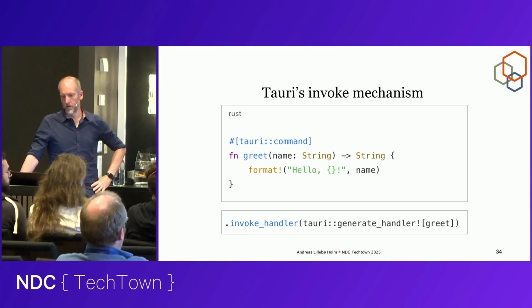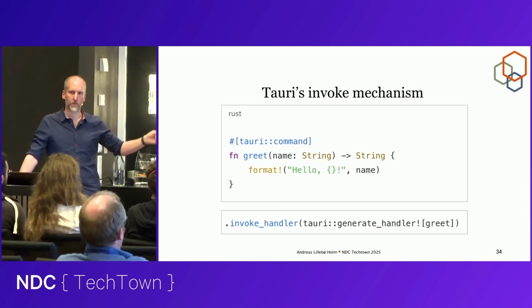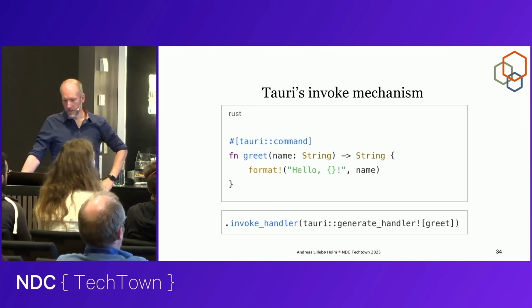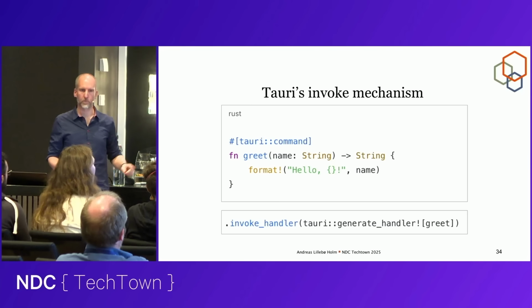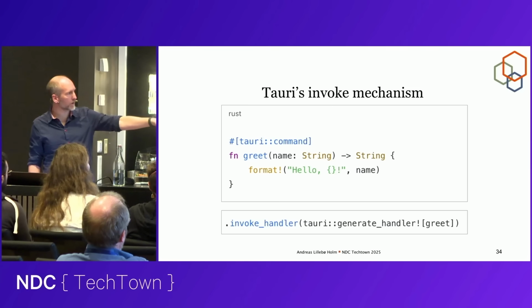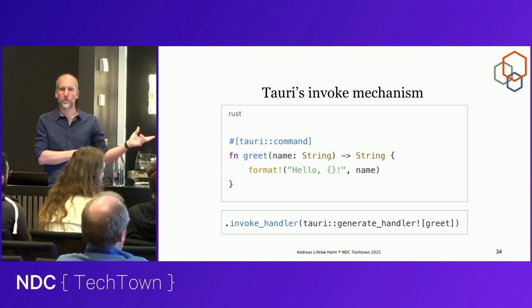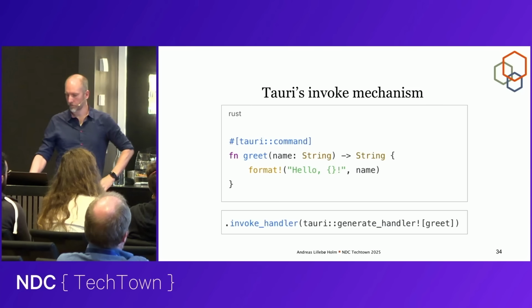It takes a string, does something with that, and returns it with the format! macro. In addition, you have to map this into the invoke handler as well. So you have to put it into the API when you build the application. You put in the greet function that you mount into the invoke handler. This is what you do to allow the greet command to be called from the front end, basically.